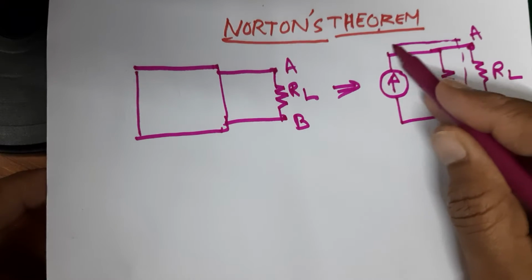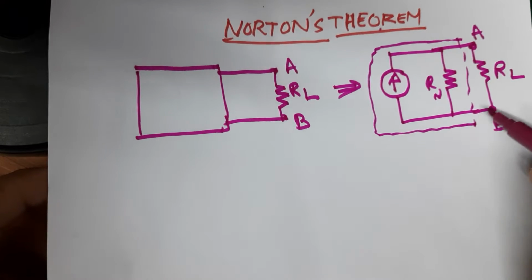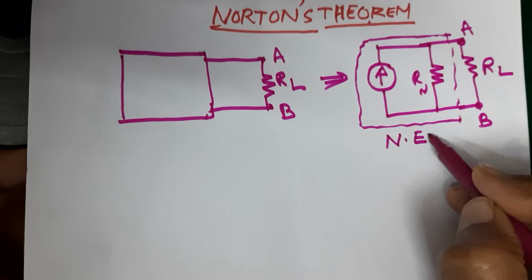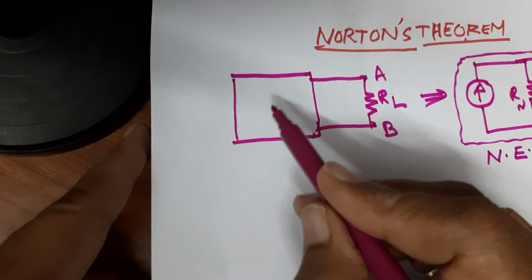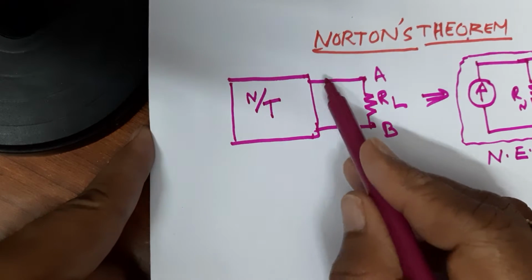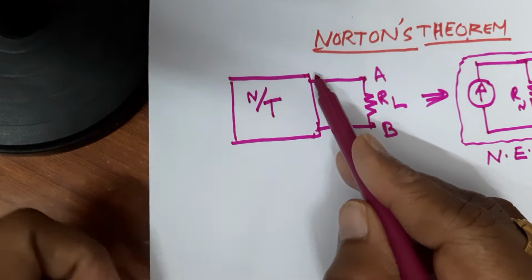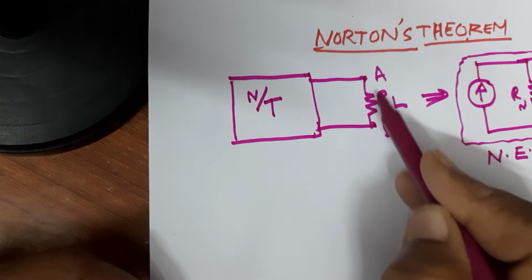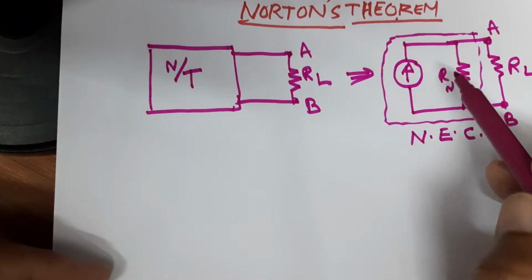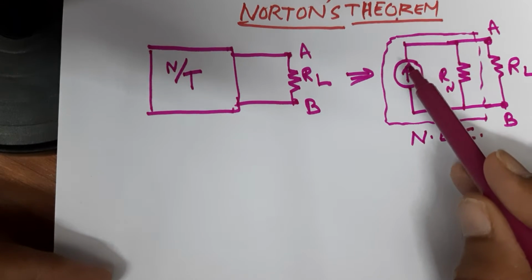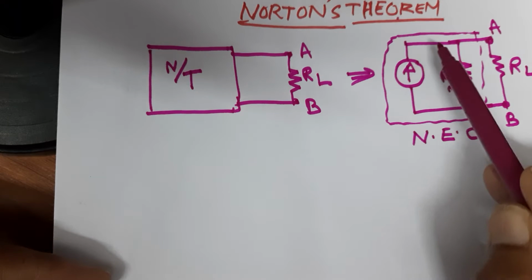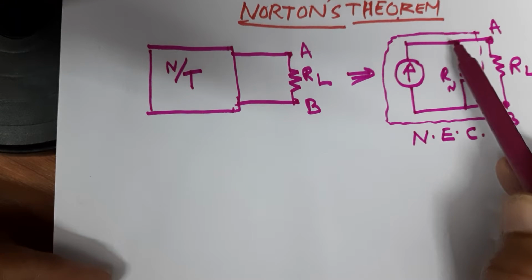This is the equivalent circuit. This equivalent circuit is said to be Norton's equivalent circuit. This is the given network. Just like in Thevenin's theorem, what we have studied, any two-terminal linear active bilateral network can be replaced by a single voltage source in series with a resistance.